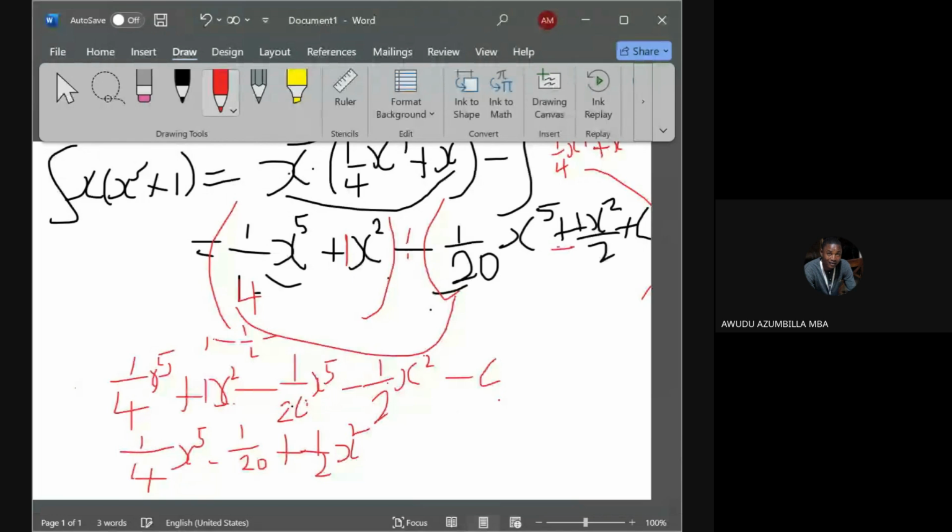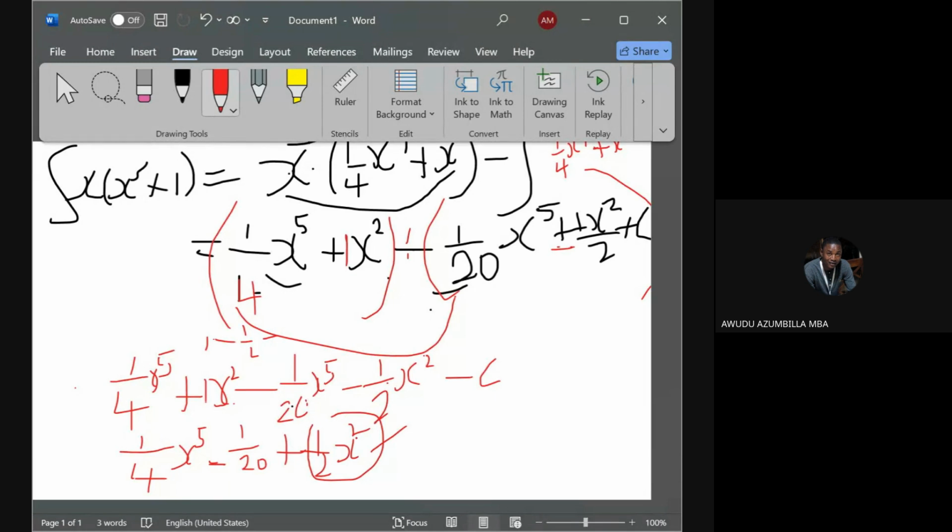This is constant. We can forget the constant or we can always add it. So this is what we are supposed to get. Now, this is x squared and these are not common, so you cannot tag this one.